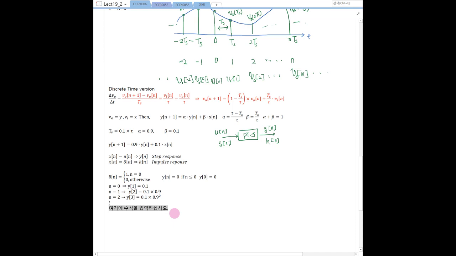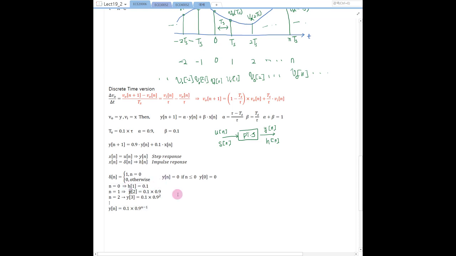So in the case of n, it gives y(n+1). Okay, let's try that. y(n) will be 0.1 times 0.9 to the n minus 1. This is the general term for the impulse response. So I would like to replace this with h.